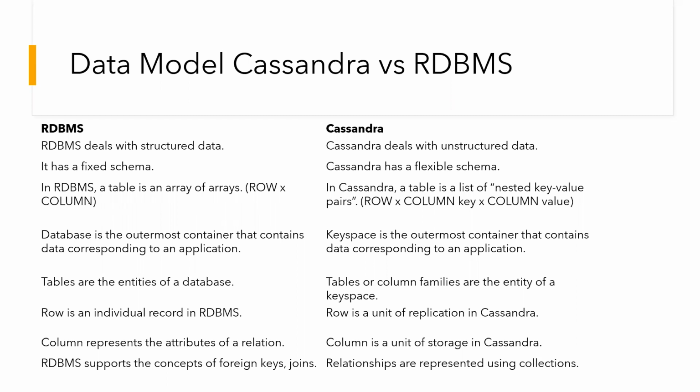A column family or a table is associated to something like a table in your RDBMS system. In RDBMS, a row is an individual record, whereas in Cassandra, you're talking about a row as a unit of replication. So the way you replicate your Cassandra data is where your row concept comes into the picture.